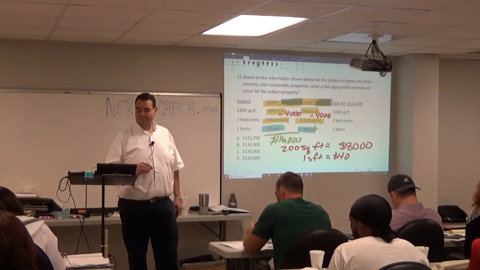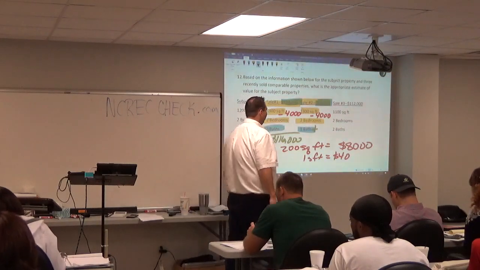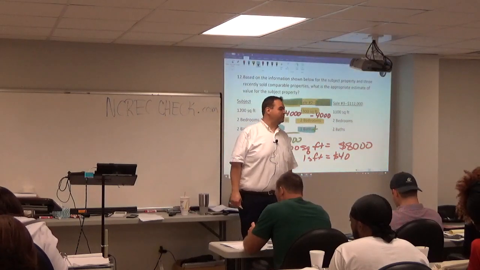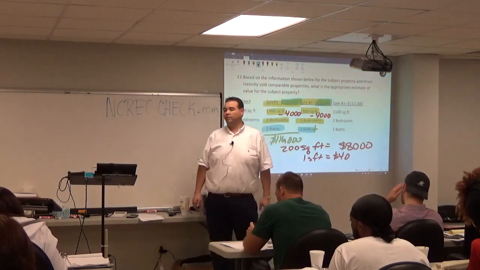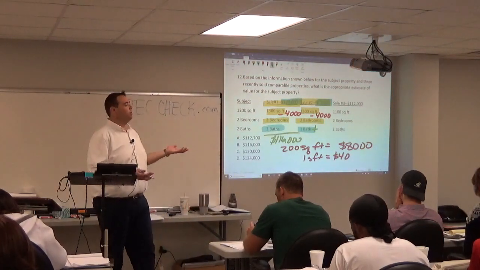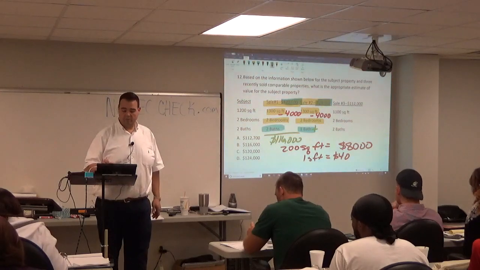And what? Price. How much was that buyer willing to pay for that extra bathroom? An extra $10,000. So how much is the bathroom worth? $10,000. So what's our adjustment going to be here to add 1 bath? Plus $10,000.